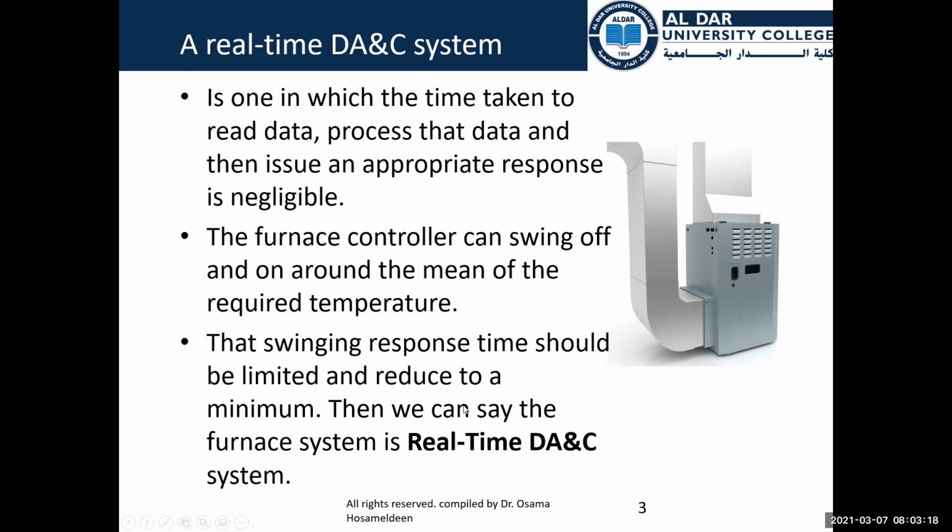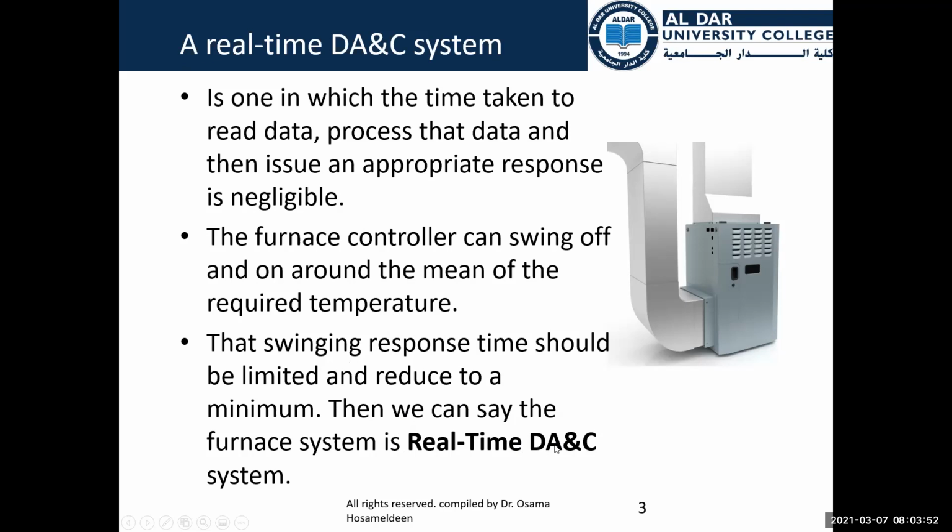If we have a very small response time for the controller, we can say this furnace system is a real-time data acquisition and control system. So when we have the controller with very fast response that can swing off and on in a fast way and control the temperature, this means it is real-time DA&C, data acquisition and control.